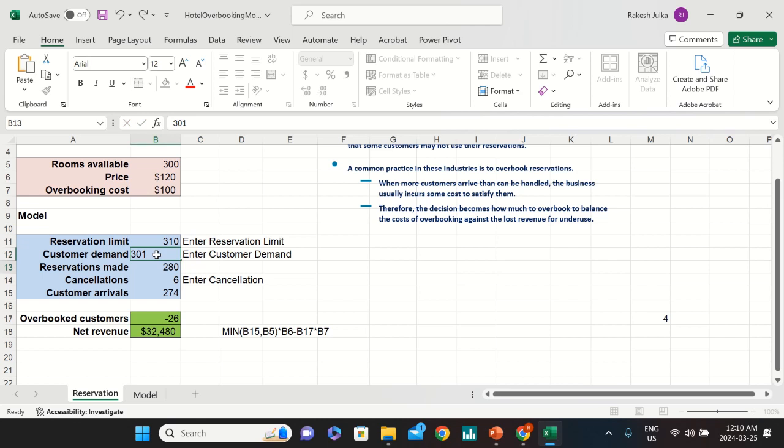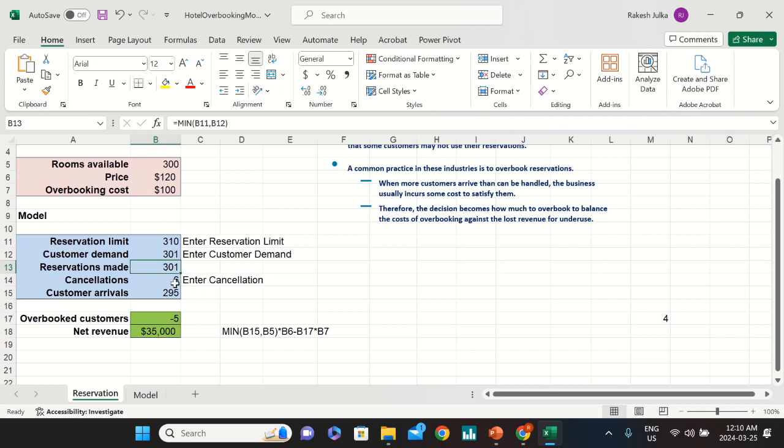Now let's say the customer demand is 301. Then we had a room capacity of 300 rooms, which was the total capacity, and the reservations made in this case are 301.